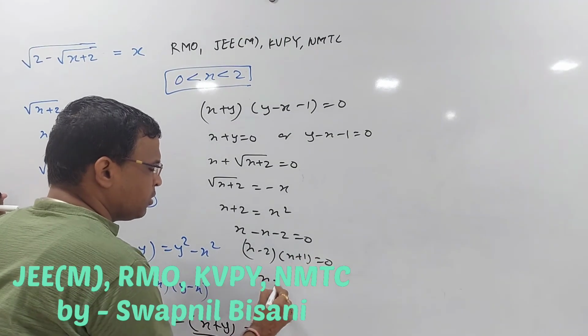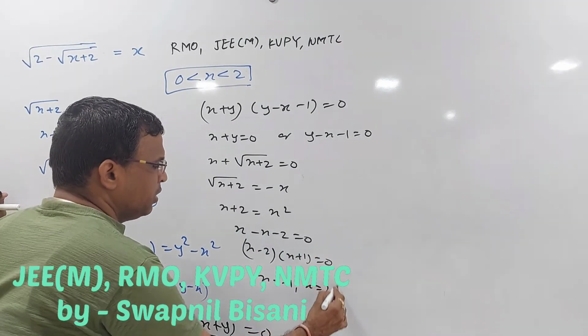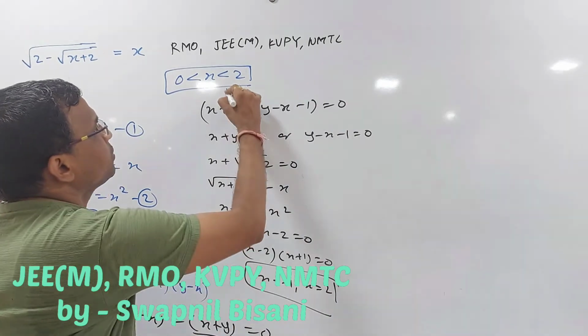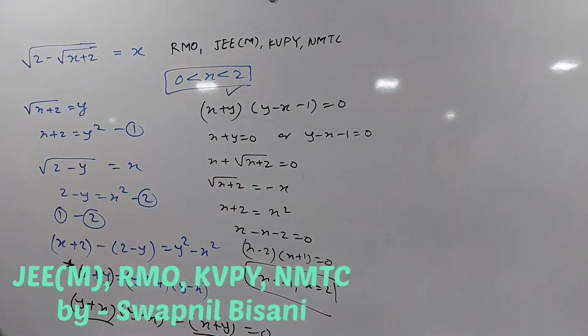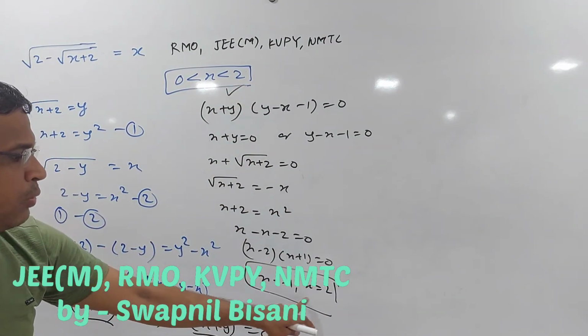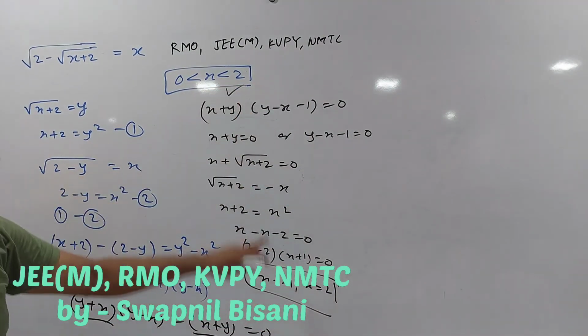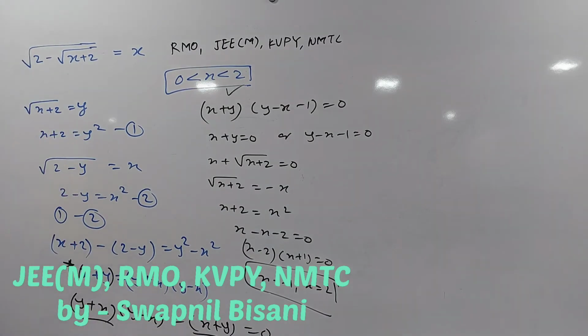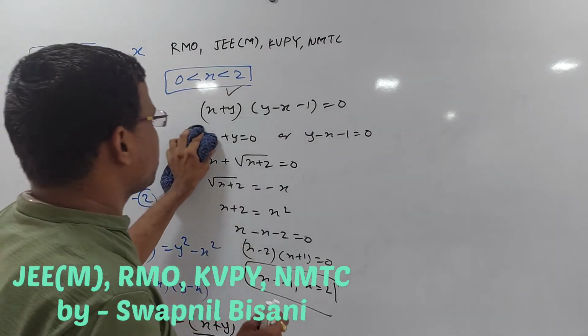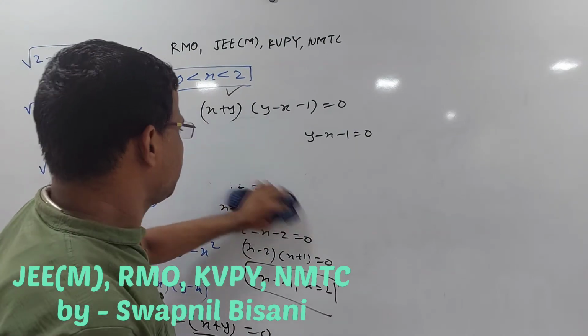So we are getting x is equal to minus 1 and x is equal to 2. Neither of these comes here. That's why I told you it will not work out. x equal to 2 is not possible. Minus 1 is not in this range. So I can conclude that this won't be my case.